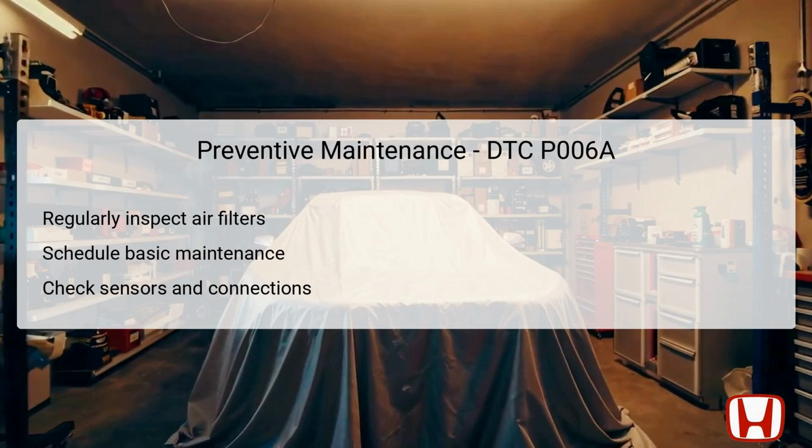Keep an eye on the MAF sensor and its wiring. Regular inspections can help detect potential problems early. Additionally, check other related components like the PCV valve and intake hoses to ensure they are in good condition. By investing in preventive maintenance, you bolster the longevity and reliability of your Honda Civic.